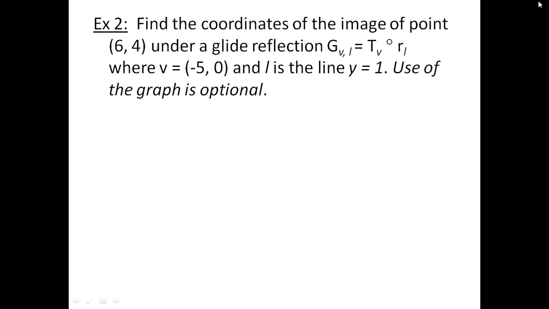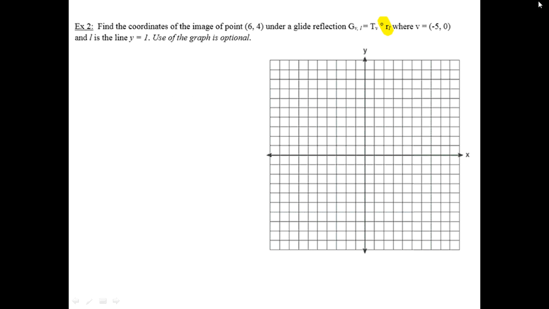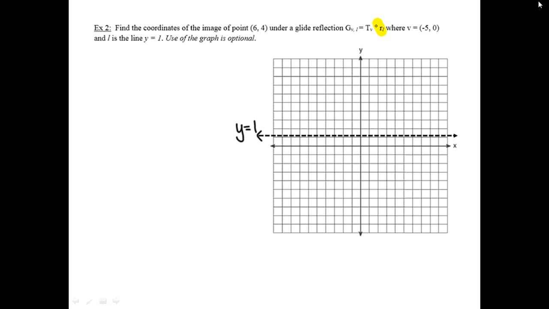Well, to reflect over the line whose equation is y equals 1, I'm going to need the graph because I don't have a special rule to reflect over this line like I did in the first example. So the first thing that I'm going to do is go ahead and plot that line y equals 1 on my paper.